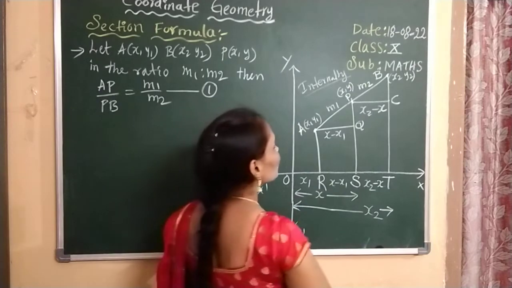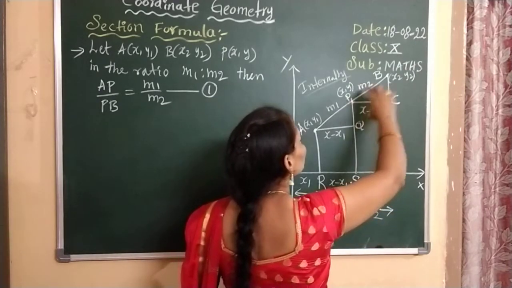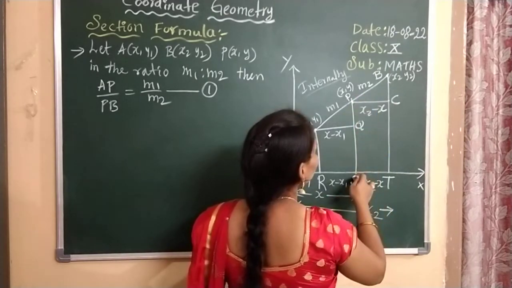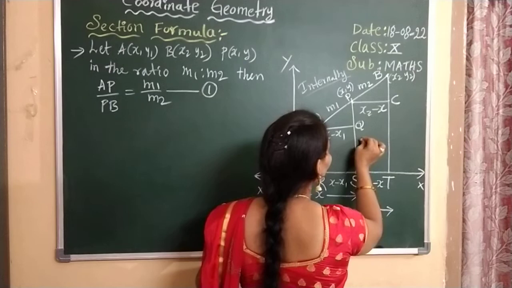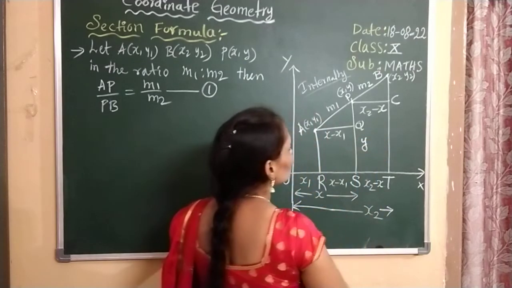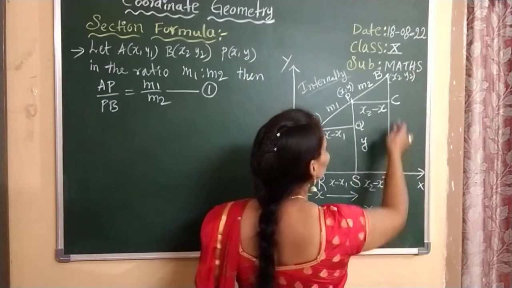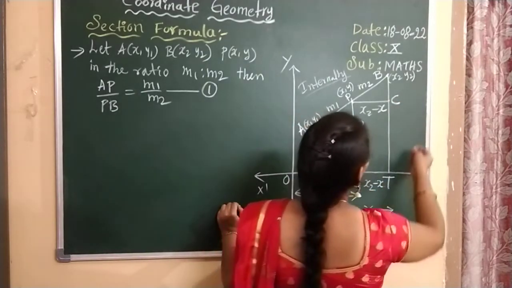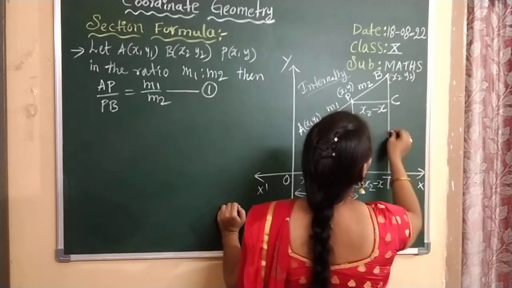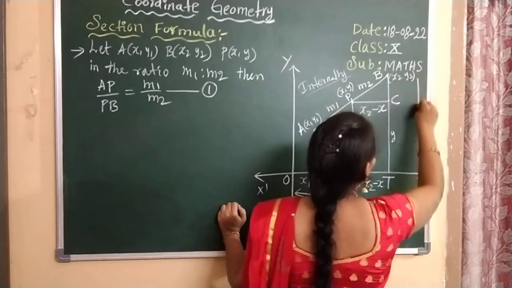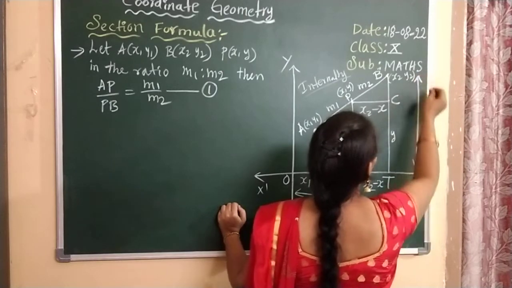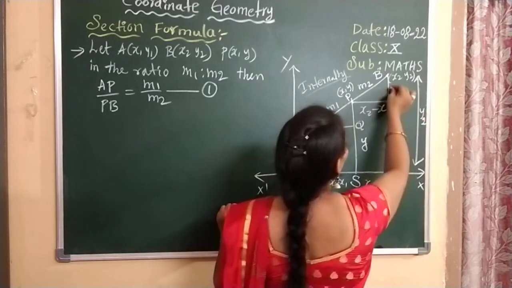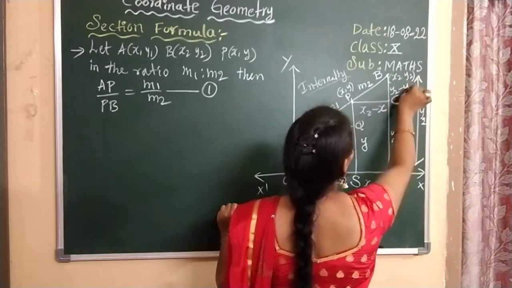After getting this, we want to know the values of PQ and BC also. Let us take PS length is y. Since opposite sides are equal, this side also you will get y here. Now here let us take this is y2. Now you will get y2 minus y here.